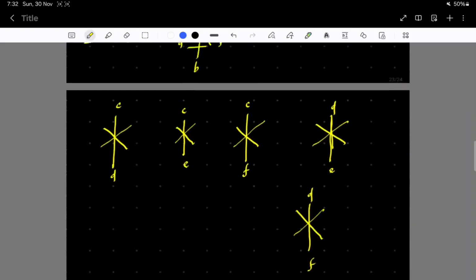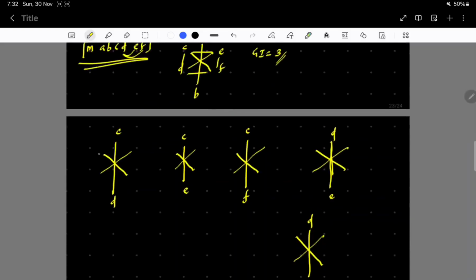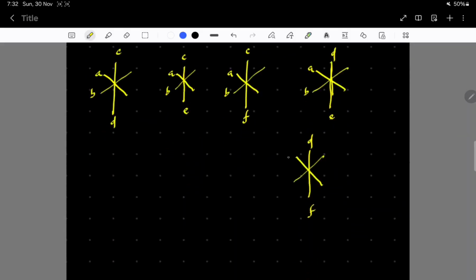Now look, C2D means I can arrange, I will fix the AB position. You can check, I will fix the AB position.